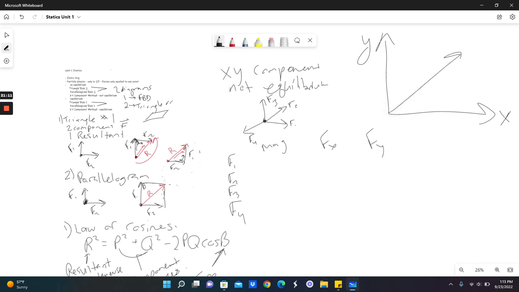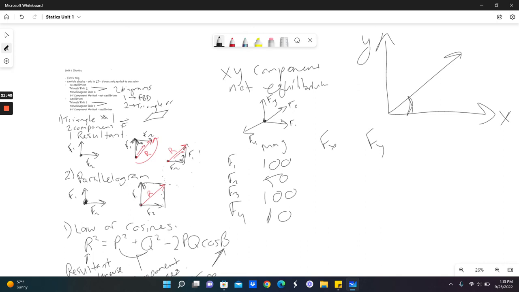We have forces here. Well, let me step back a minute. Let me also assign values. So let's say F1 is 100 newtons, F2 is 50 newtons, F3 is 100 newtons, and F4 is 10 newtons.